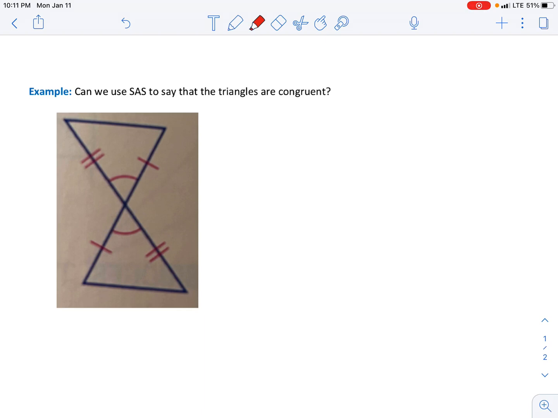Here I'm going to highlight that this side of the triangle at the top is congruent to this side of the triangle at the bottom, because they both have one tick mark, so both of those sides are congruent.